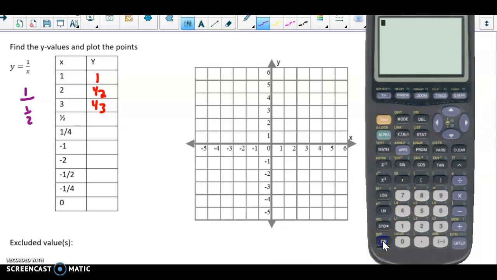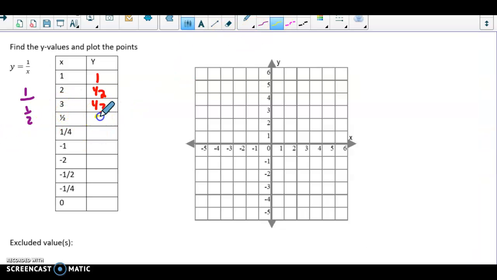If you forgot about that, you would just simply type in 1 divided by a half, making sure you put a half in parentheses so we know we're dividing by a half. And you get 2. Or maybe you decided to write 1 divided by 0.5, because 0.5 is a half. Either way, you get 2. So 1 divided by a half is 2.